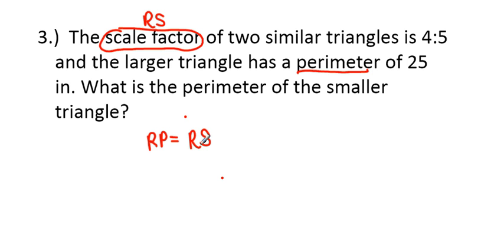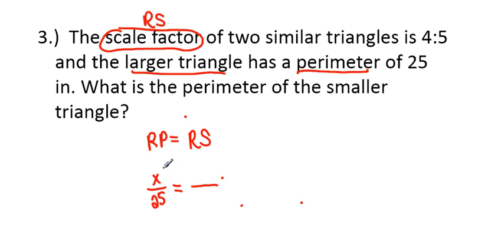So I'm going to write a ratio that compares the perimeters of the two triangles. It tells me that the larger triangle has a perimeter of 25. I'm going to do smaller over larger for my ratio of my perimeters. It wants me to find the perimeter of the smaller triangle, so I'm going to use x to represent the perimeter of the smaller triangle.